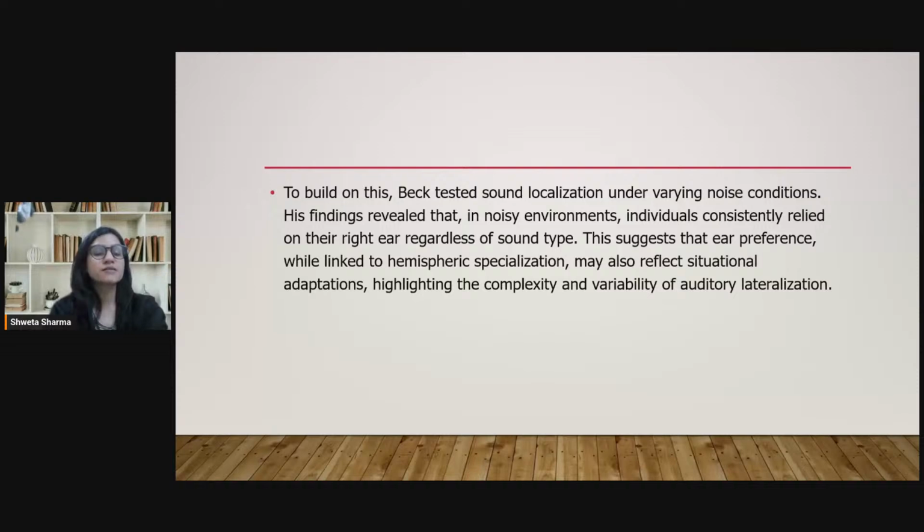Okay, there's a paragraph and then we have the questions. Quickly have a look at this, 30 seconds.